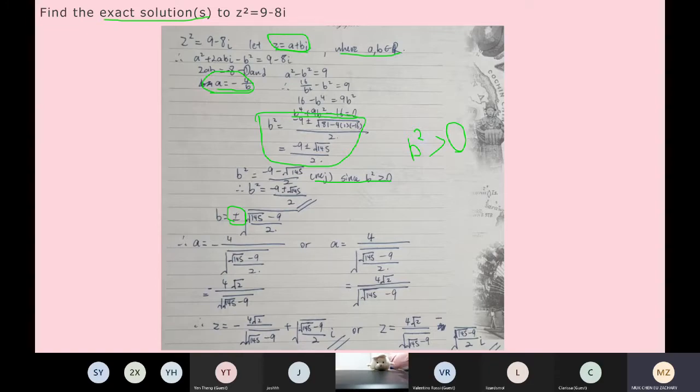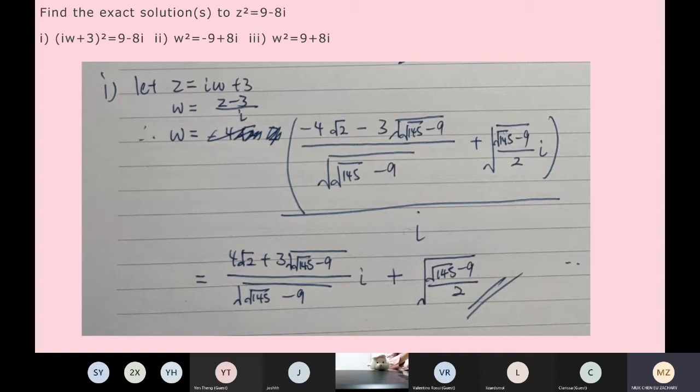Okay, next part. We come to the part where I only did it for one value of w because I was running out of time. What we see here is basically z equals iw plus 3.